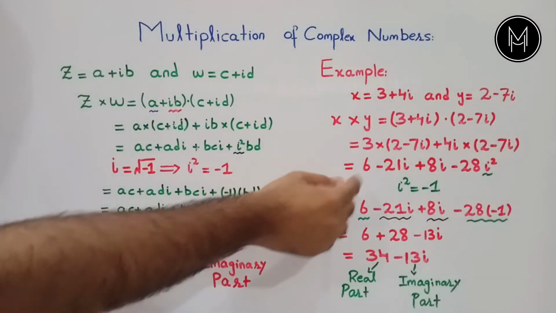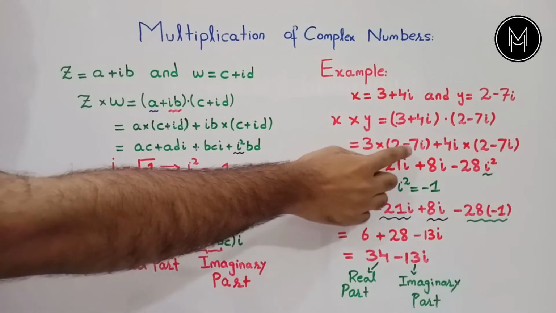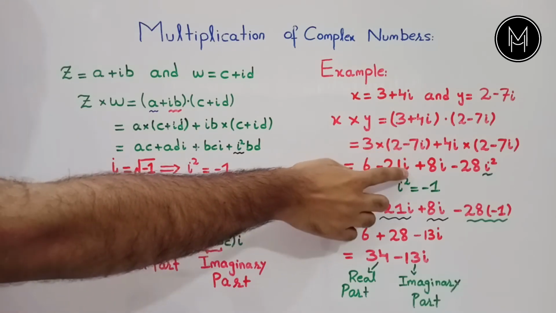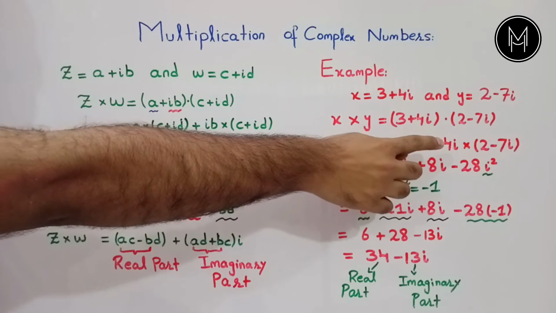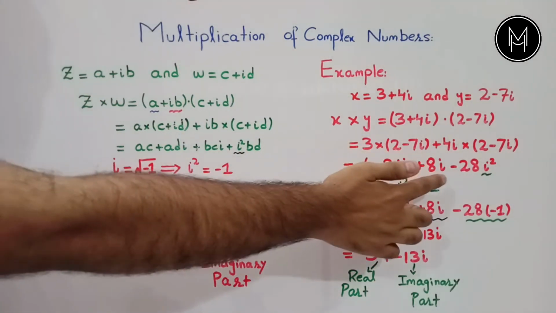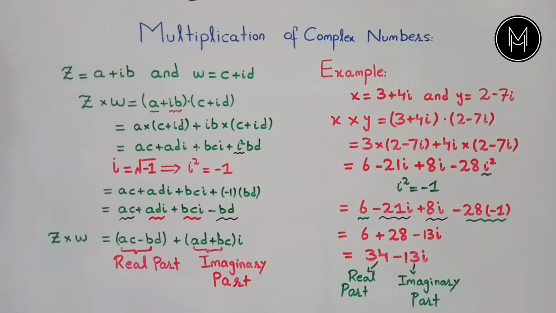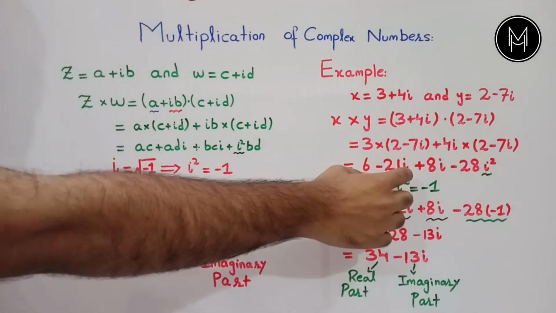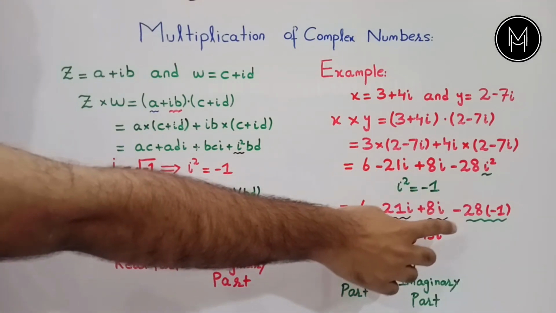Now the result of product of 3 and 2 minus 7i is equal to 6 minus 21i, and the result of product of 4i and 2 minus 7i is equal to 8i minus 28i square. Now we have again i square, so put the value of i square in this equation, as i square is equal to minus 1. All the equation is similar to this one, but there is one change.